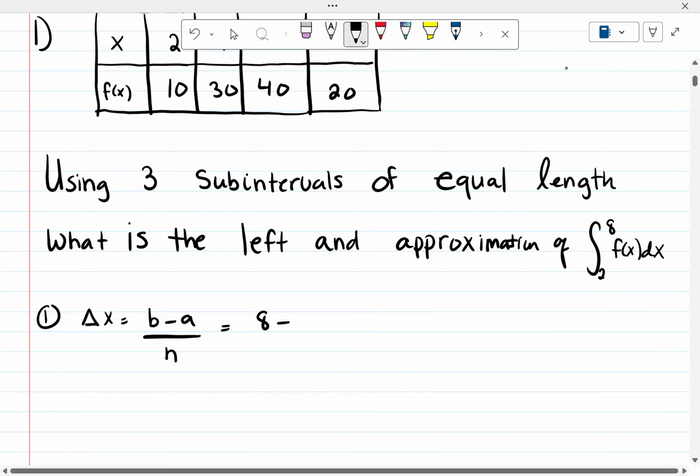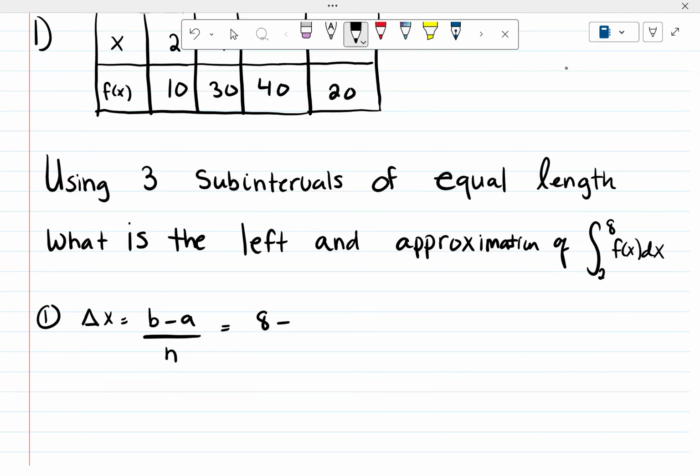My a value is the smallest x, or the first x, which would be 2. And n represents the three subintervals, so you're going to replace that with 3.